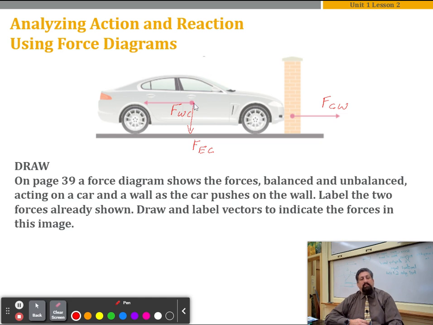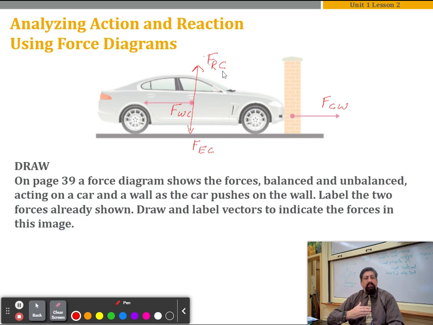And then there's a normal force, the road pushing up on the car.